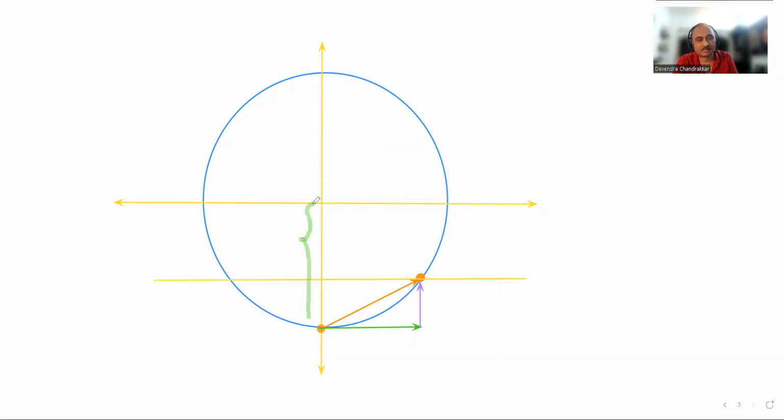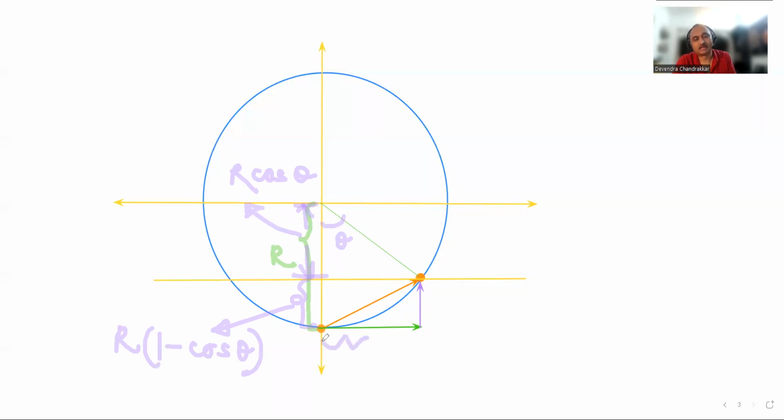चलो, this length is r, right? This length is r. The angle which it has traveled is theta. So this is r cos theta. So this length is what? This is r times 1 minus cos of theta.